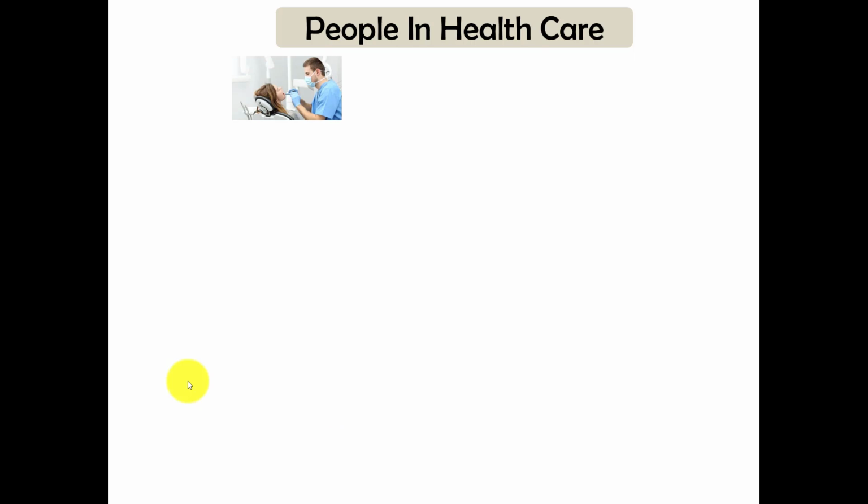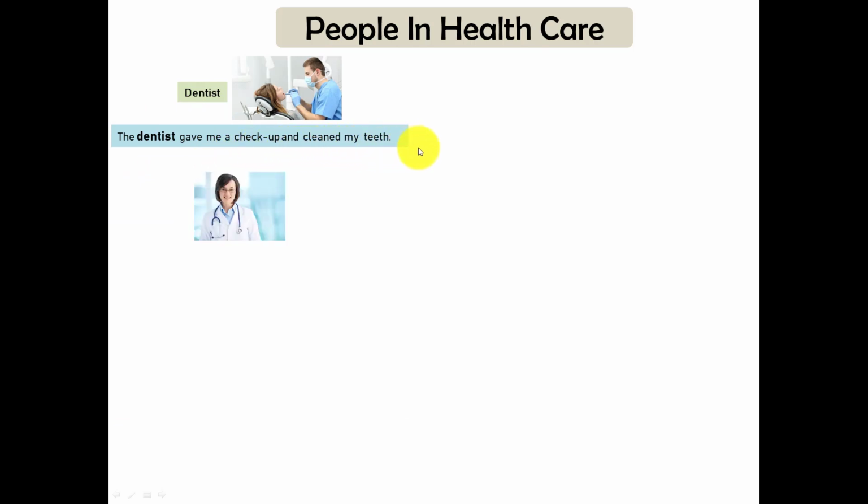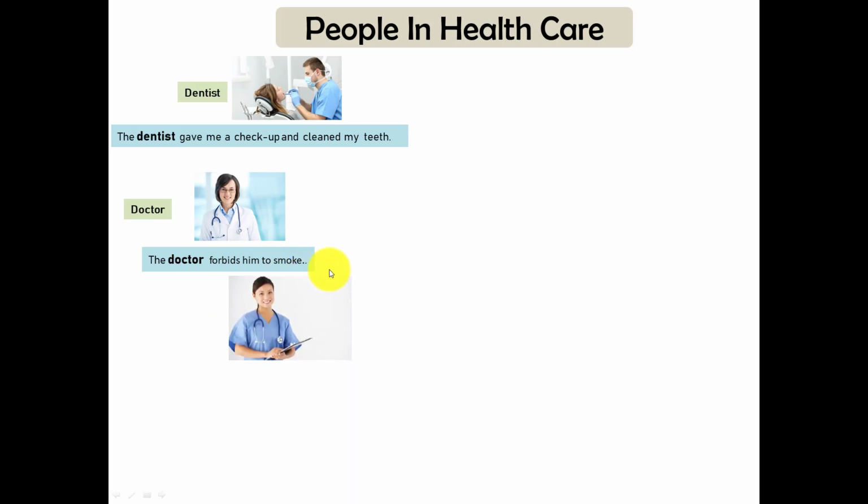Picture number 1. What is the picture about? Great. It is about a dentist. Well done. For example, the dentist gave me a checkup and cleaned my teeth. Next, a doctor. For example, the doctor forbids him to smoke. Next, great, a nurse.